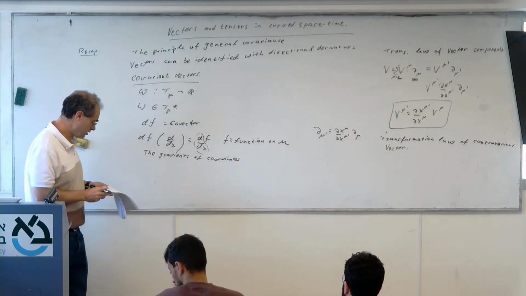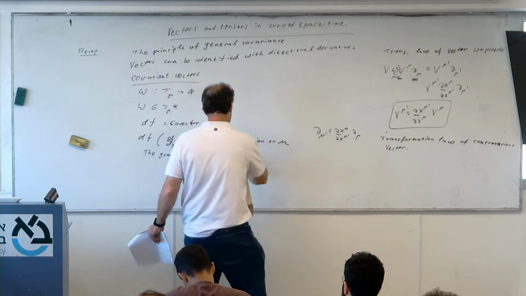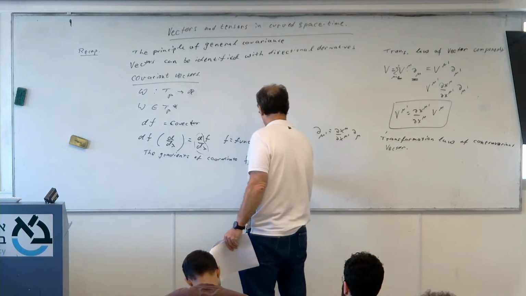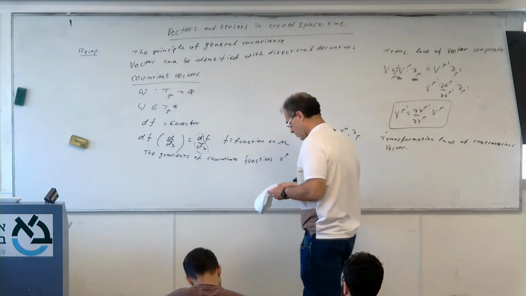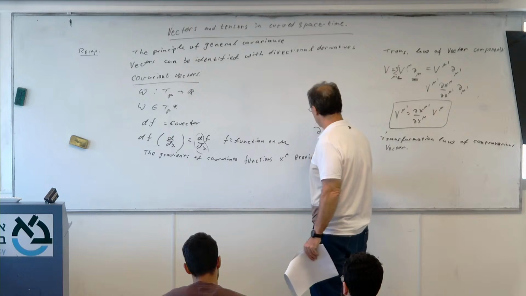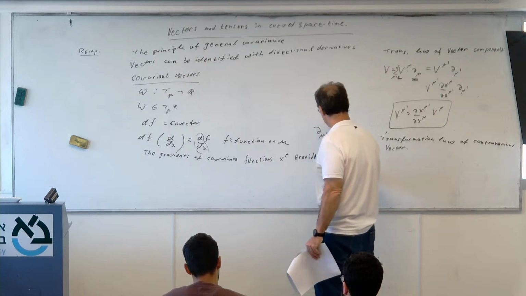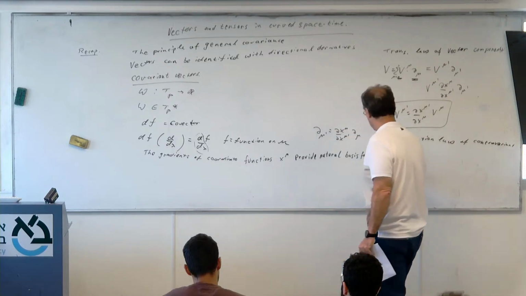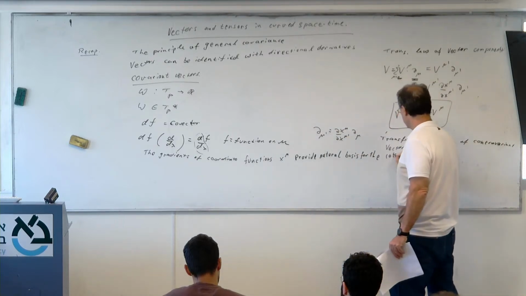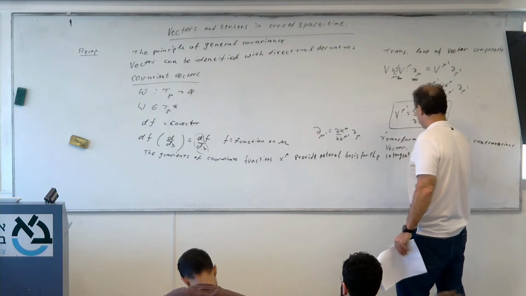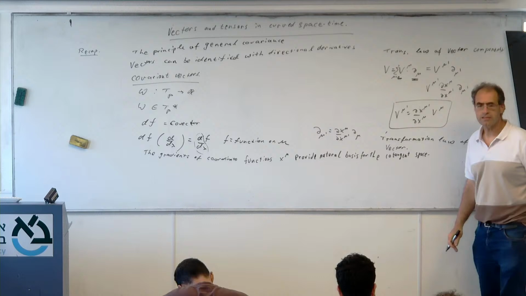It's my choice of coordinate functions. The coordinate functions x mu provide a natural basis for the cotangent space. So it's exactly the same game to play.